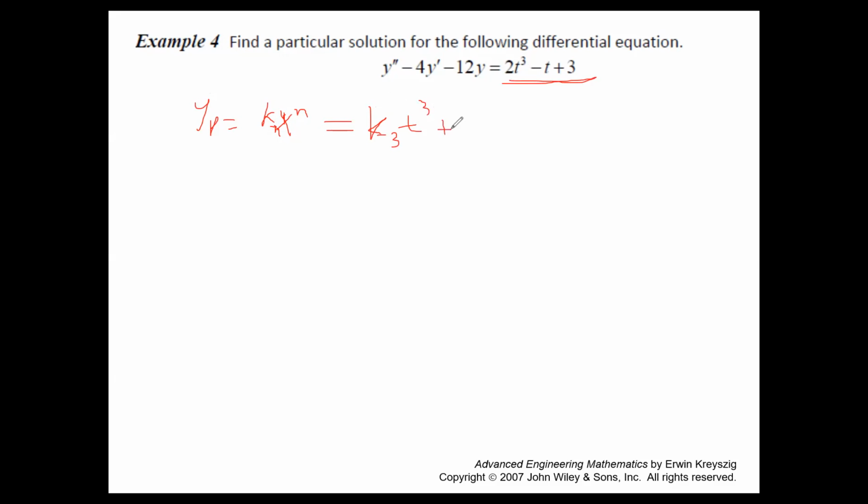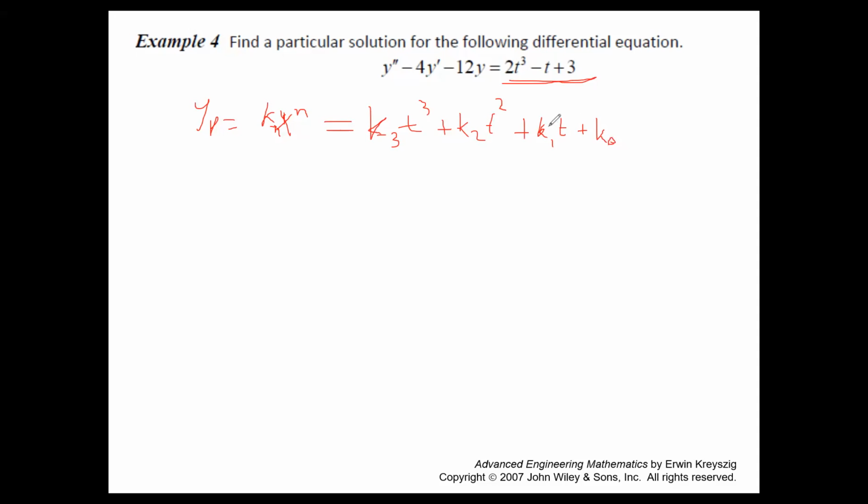And then plus K2 times t squared, and then plus K1 times t, since in our case it is t only, and then plus another constant, let's say K0.